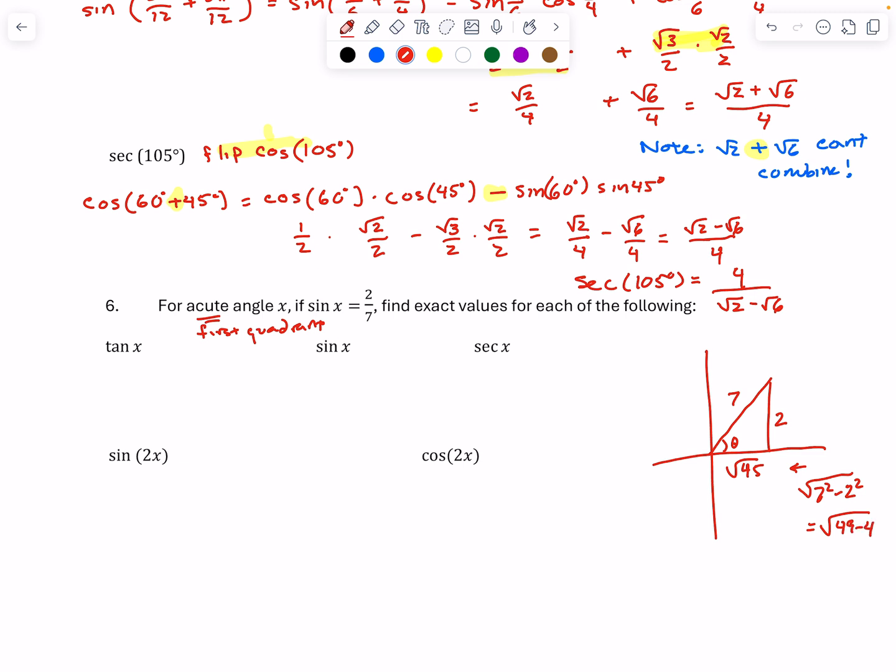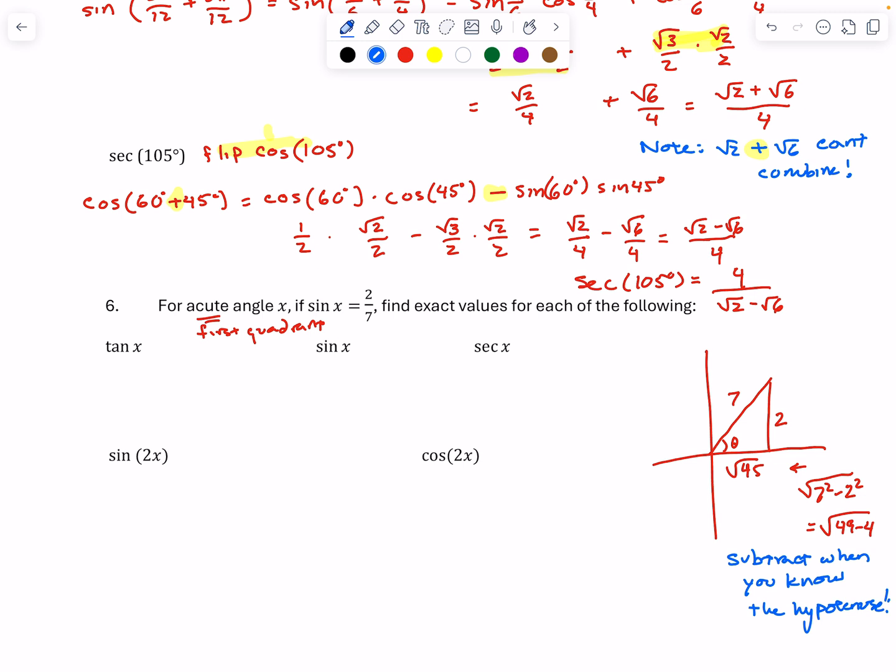Remember, you have to subtract when you know the hypotenuse. We said that a few times last term, and we've said it a bunch more times this year.